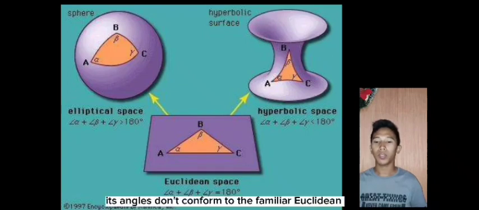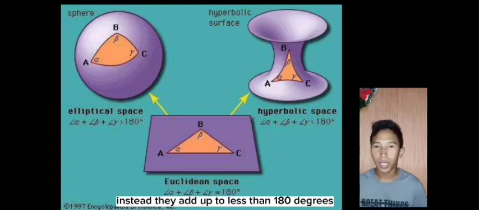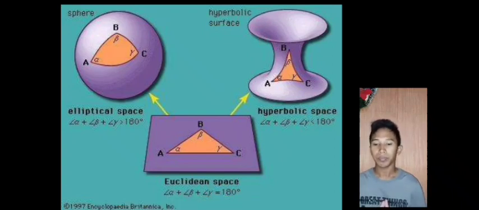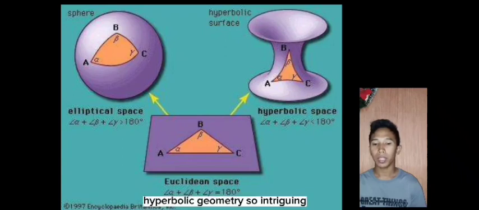Its angles don't conform to the familiar Euclidean sum of 180 degrees. Instead, they add up to less than 180 degrees, and this non-conformity with our everyday experiences is what makes hyperbolic geometry so intriguing.